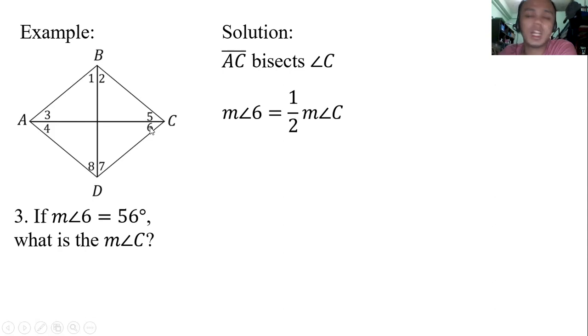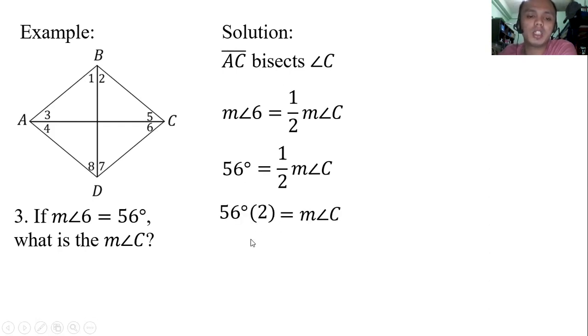Therefore, angle 6 is only half of angle C. Substitute the measure of angle 6 as 56, equal to 1/2 of the measure of angle C. Multiply 56 times 2 to remove the denominator. 56 times 2 is equal to 112. Therefore, the measure of angle C is 112.